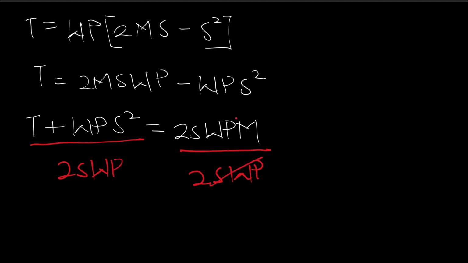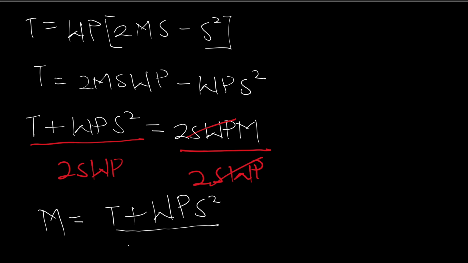So this cancels this. So our M will now be equal to T plus WPS squared all over 2SWP. Alright, so that's it for question 9a.